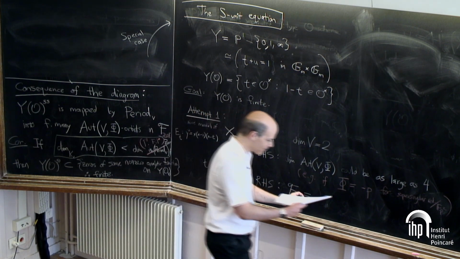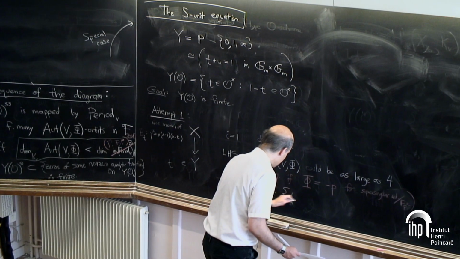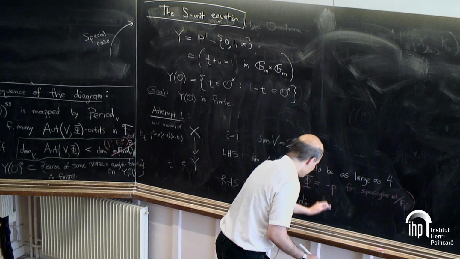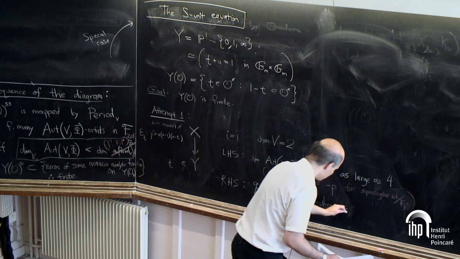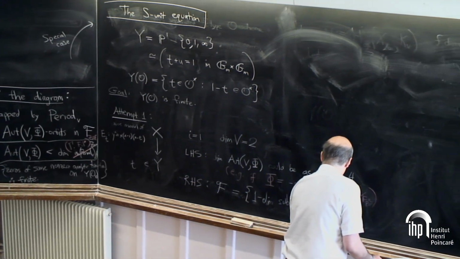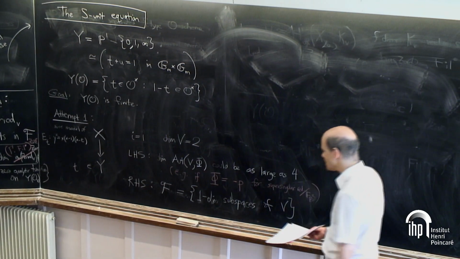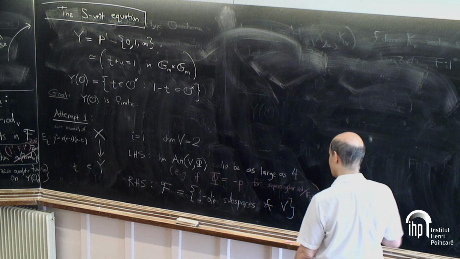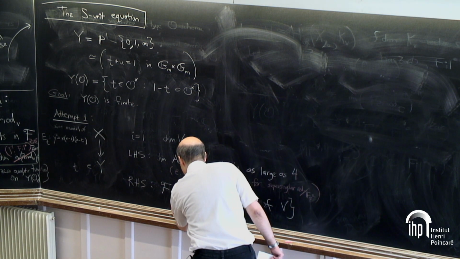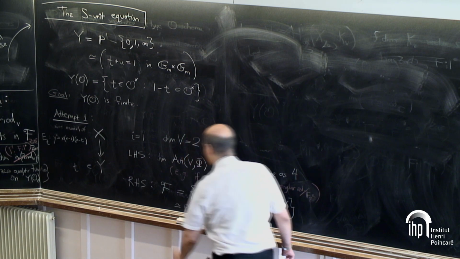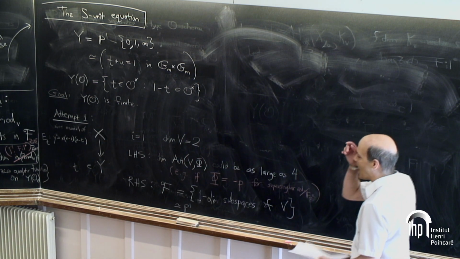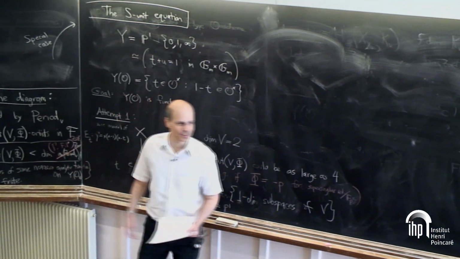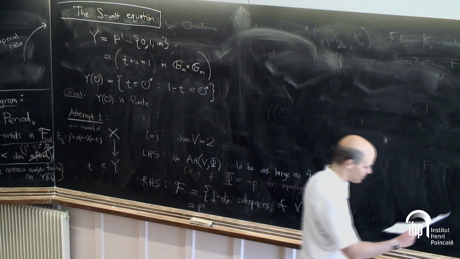So the flag variety is just parameterizing one-dimensional subspaces of a two-dimensional space. That's not very big. As a variety, it just looks like P1. And so actually, it doesn't even matter what these things are. The Zariski closure is not going to be bigger than the whole variety.